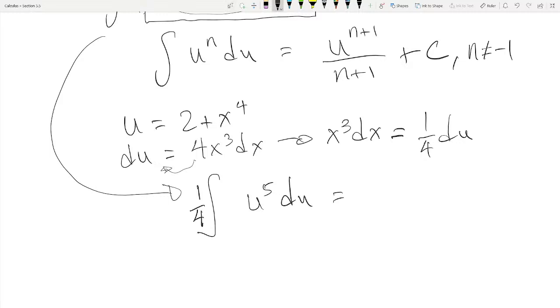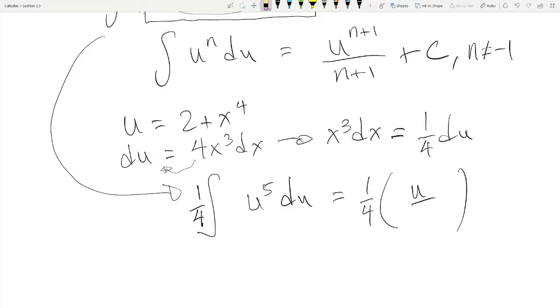I know how to do this one. This will be 1/4 times, and then the u to the fifth part will be u to the fifth over 6. I'm sorry, I misspoke.